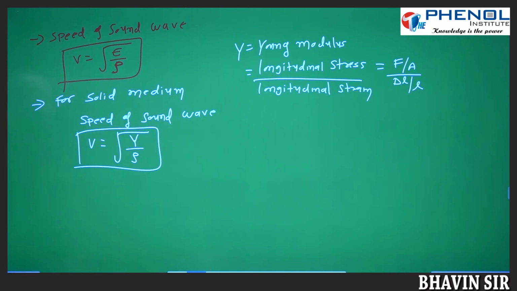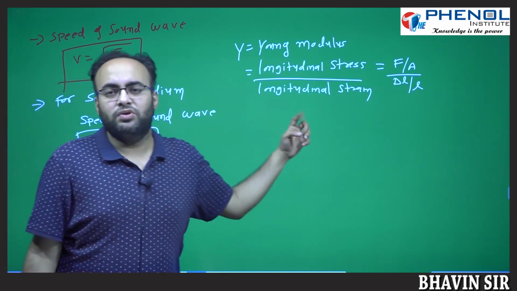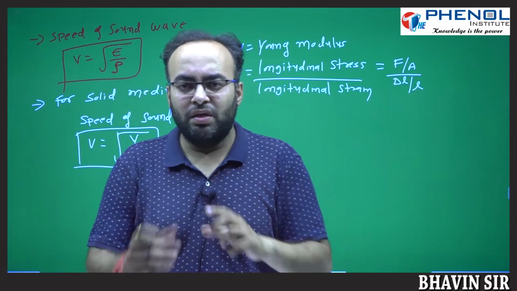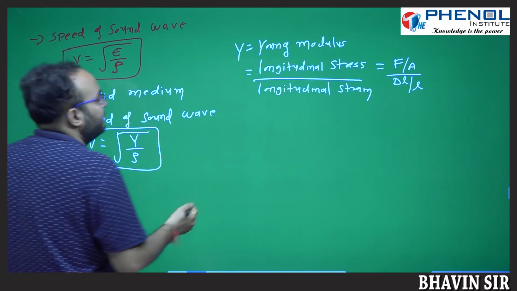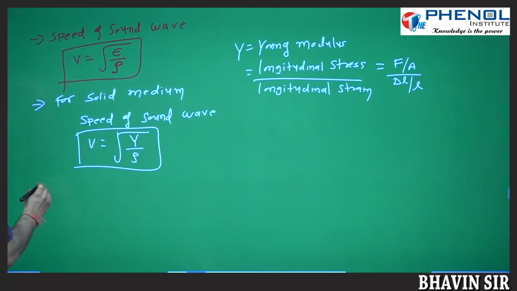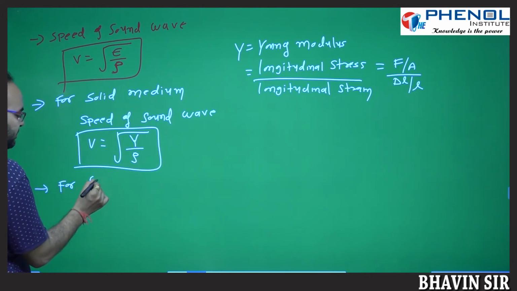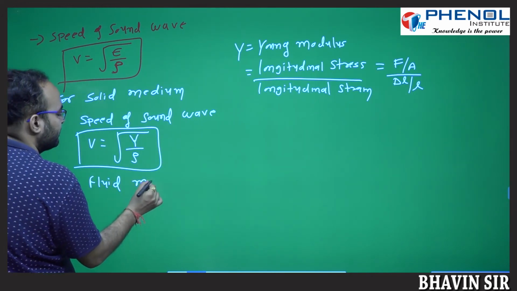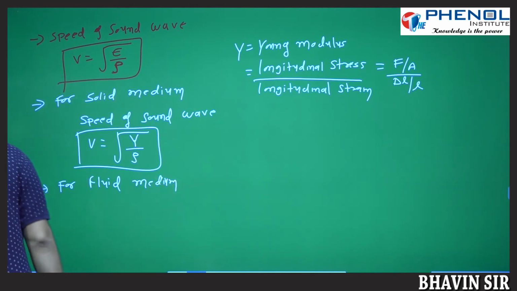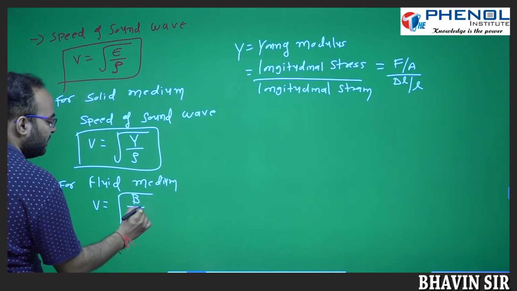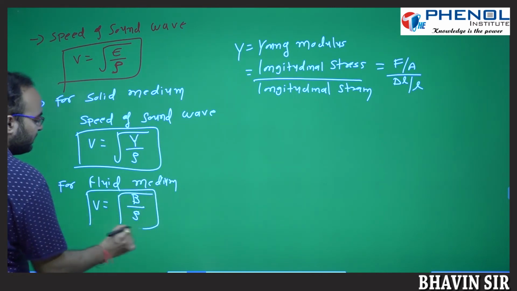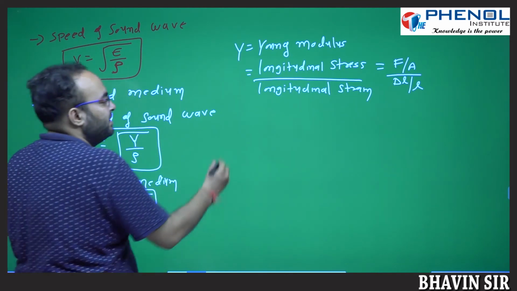In the case of longitudinal strain, length is changed, so we write delta L by L. Then for fluid medium, if the medium is fluid, then we write B by rho, where B is what, students?